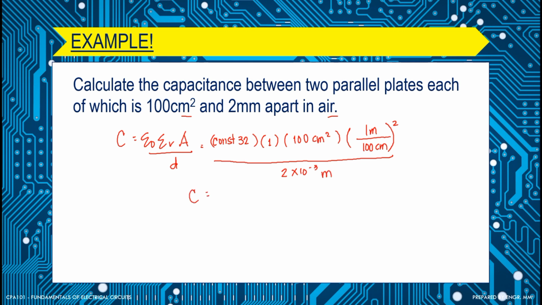Now we can solve for our capacitance. So the constant times 100 times 1 over 100 squared divided by 2 millimeter, and that is equal to 44.27 picofarad.